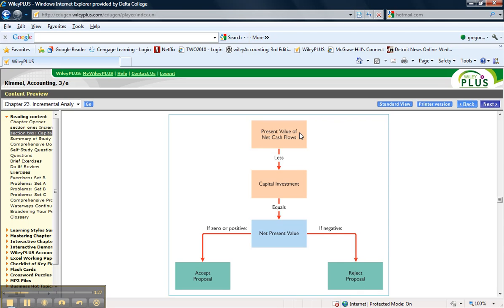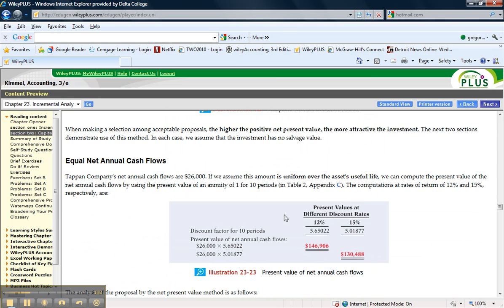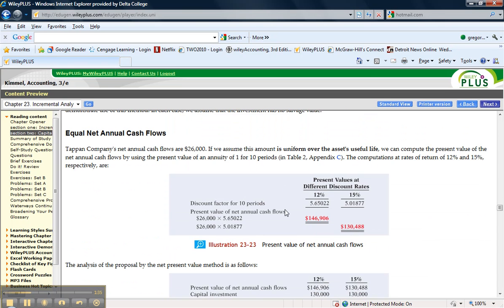The hard part, obviously, is figuring out the present value of the future net cash inflows. And there are a couple of different scenarios. One is if the cash inflows are expected to be equal in the future years. You use the Appendix C tables to figure this out. If you have cash inflows of $26,000 a year for 10 periods, there are two different rates used in this example.